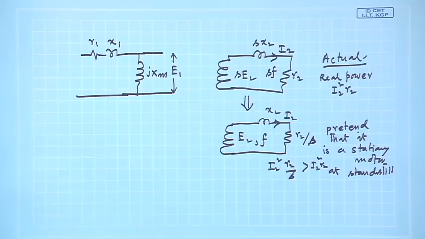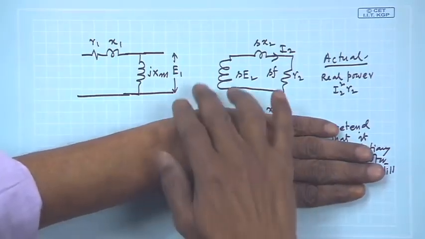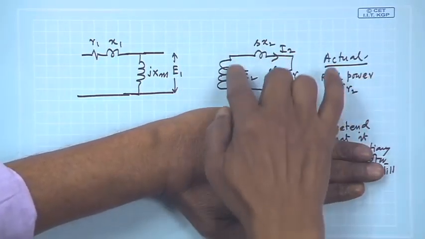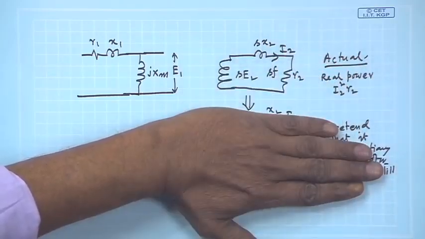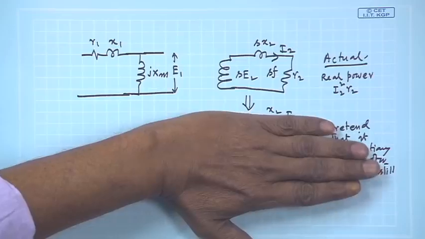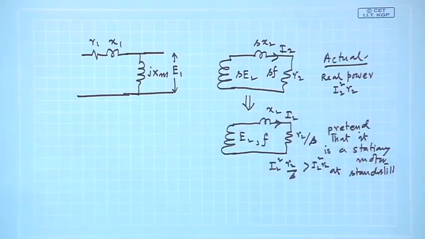When it runs, forget about this circuit. Here, if you are sitting locally, you will only say I2 square R2, but on the shaft the motor is running against an opposing torque. Some power is also dissipated there, that is the mechanical power, dissipated or utilized, whatever it is.